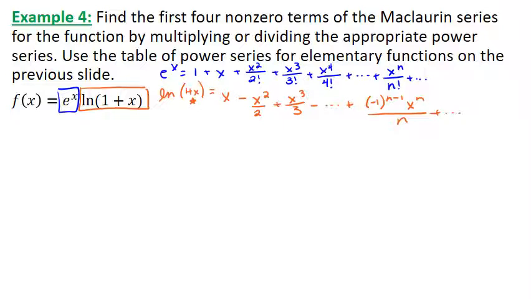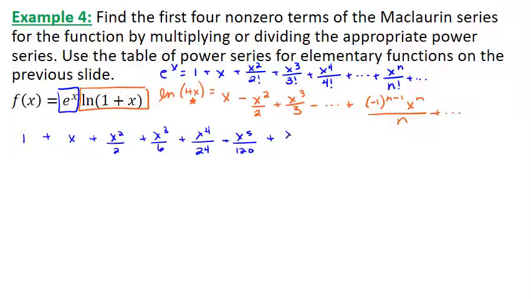So first we have, writing this stuff in blue, and I'm going to expand the factorials. So I will have 1 plus x squared over 2 plus x cubed over 6 plus x to the 4th over 24 plus x to the 5th, and I'm going to go out to the 6th term.